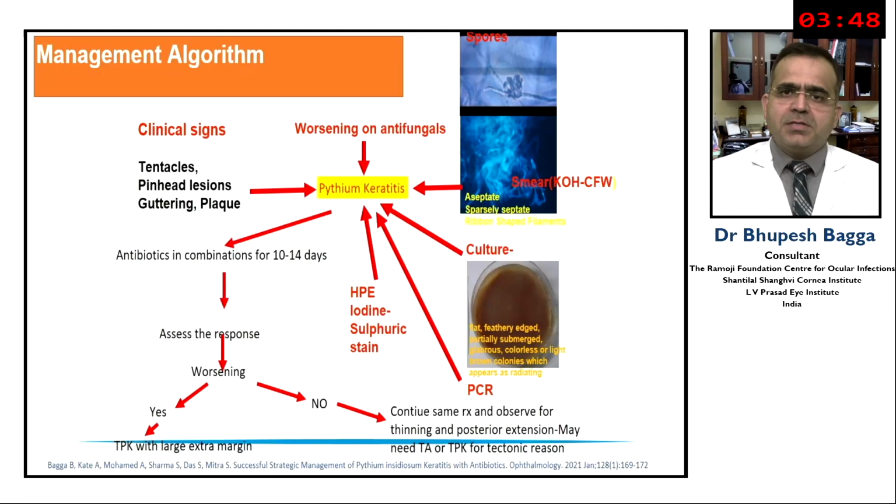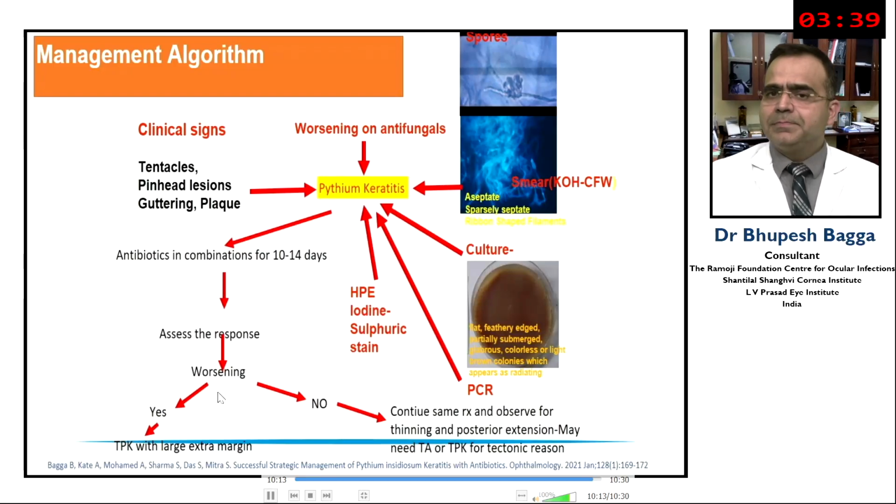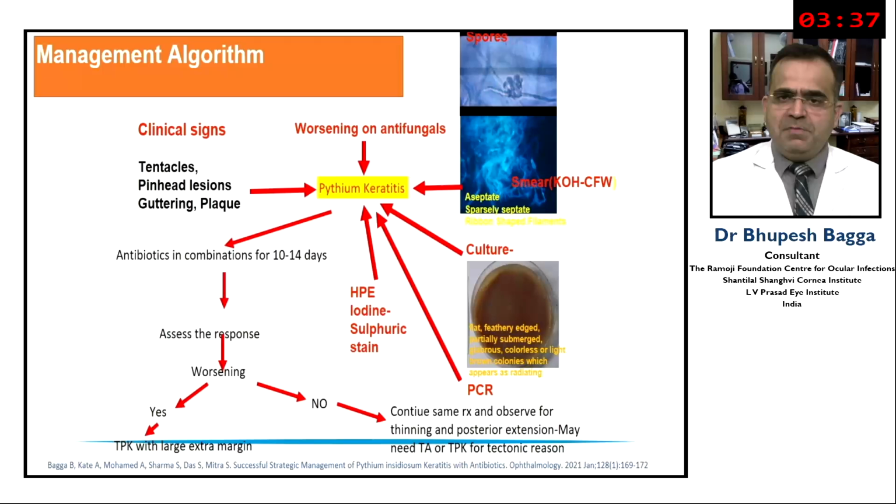After confirmation, start the patient on antibiotics in combination for 10 to 14 days and observe carefully to find the response. If found to be worsening, then go with therapeutic keratoplasty with extra large margin. If not, continue the same treatment and observe carefully for thinning or posterior involvement.